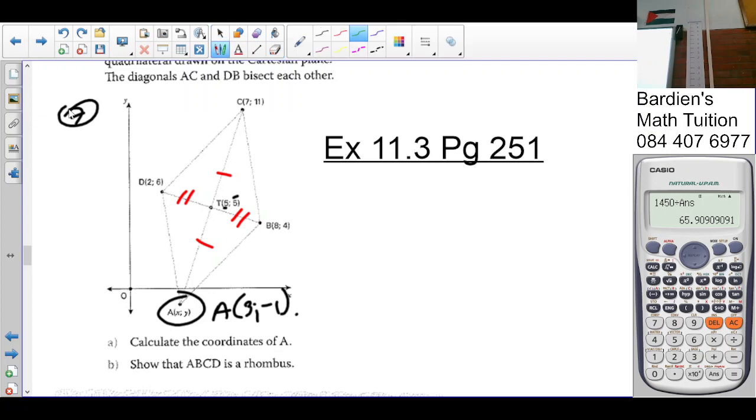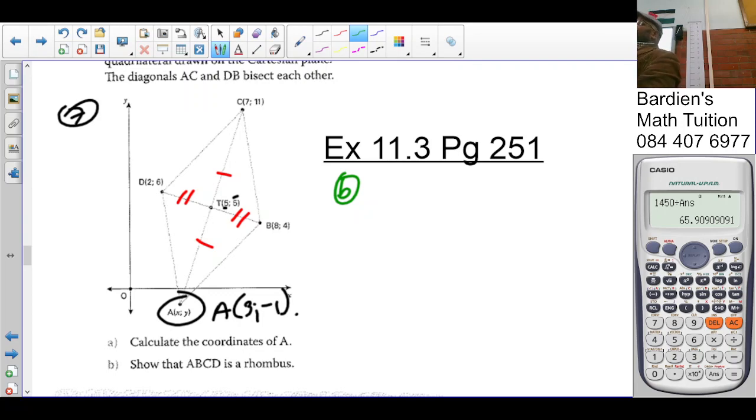Okay, so we're looking at B. B is to show that ABCD is a rhombus. Which quadrilaterals have diagonals that bisect each other? It could be a parallelogram. Rhombus, square, they bisect each other equally, and the rectangle as well.